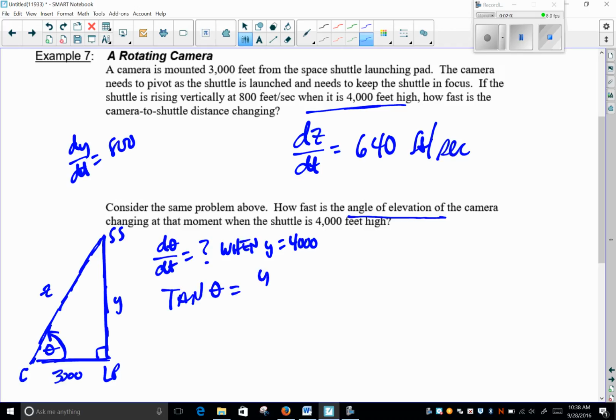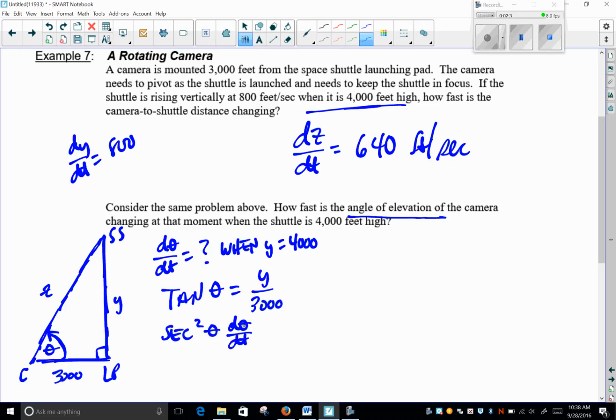The tangent of theta is y over 3,000. Okay, it's y over x, but since x is constant, we go ahead and put that in. And always plug those constants in before you differentiate. All right, now let's differentiate this function. If you think back, the derivative of tangent theta is secant squared theta d theta/dt.